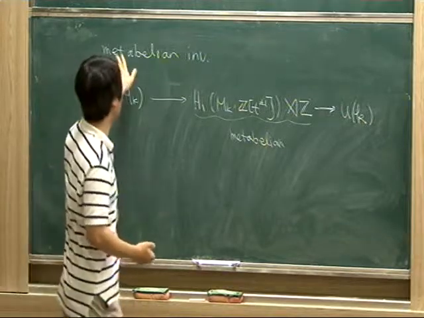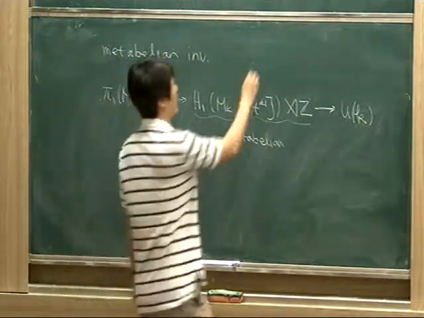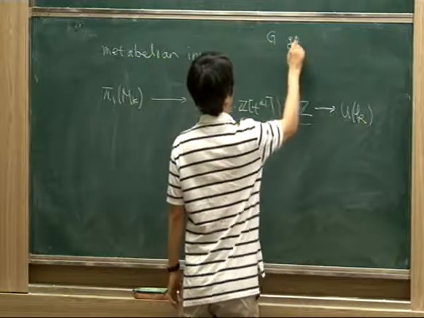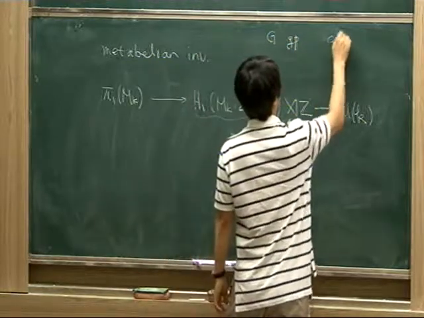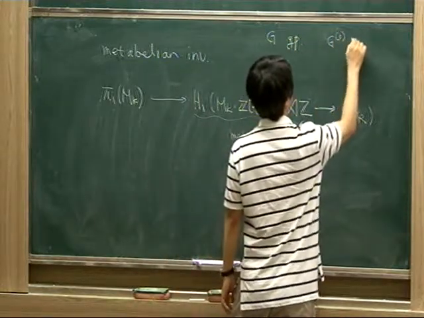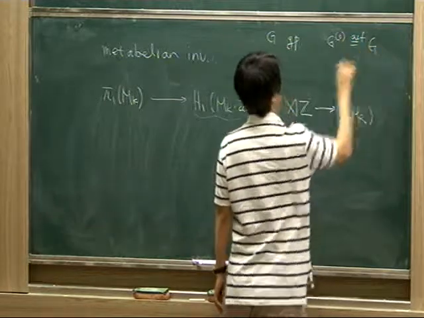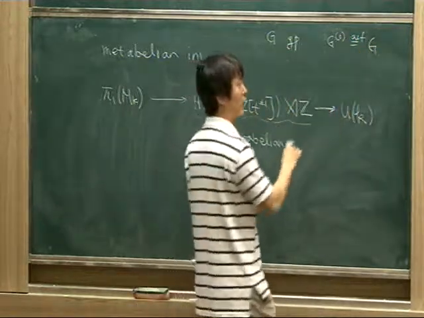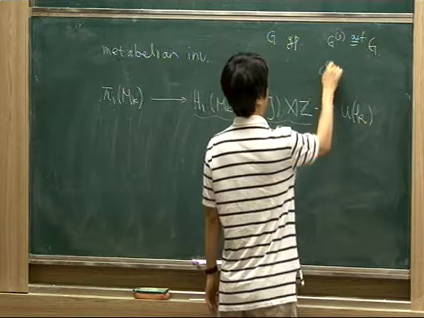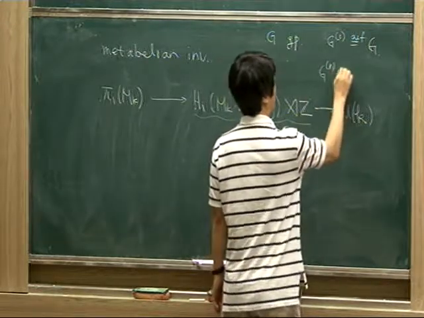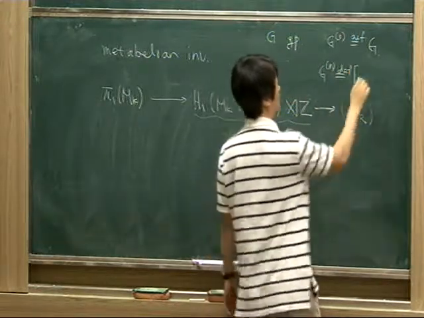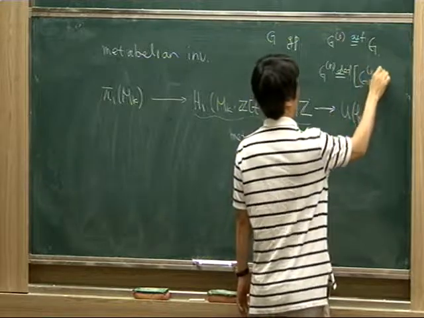By the way, if you do not know the definition of metabelian, then for a group G, the zeroth derived group is defined to be the group itself, and the nth derived group is inductively defined as the commutator subgroup of the (n minus first) derived group.